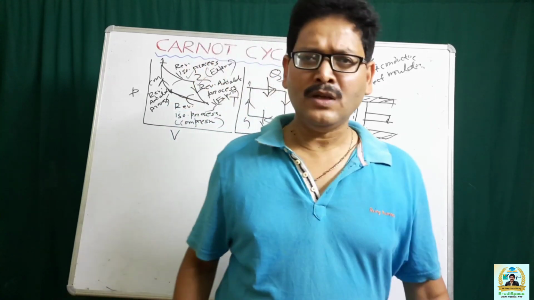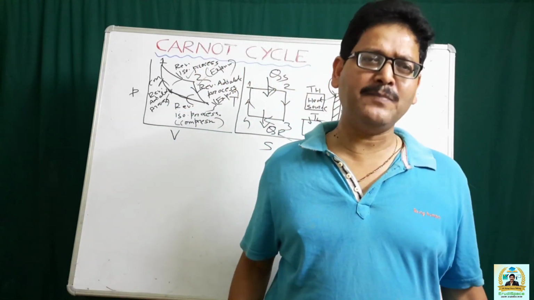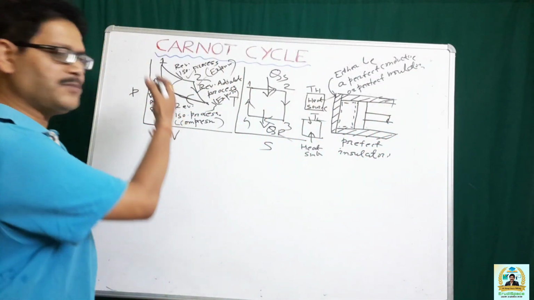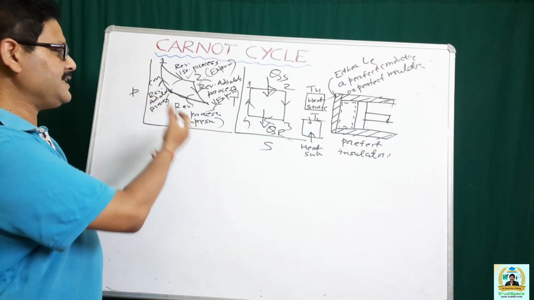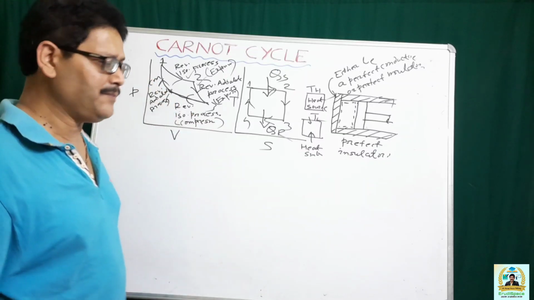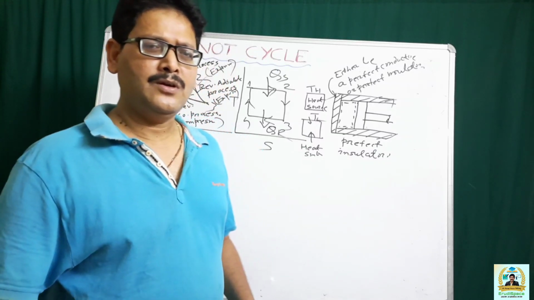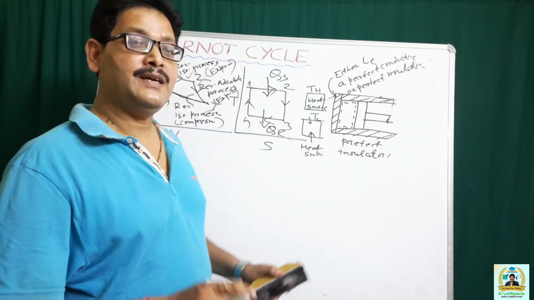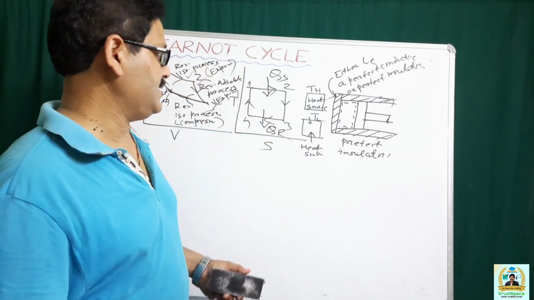Now, how the processes take place in the Carnot cycle, we'll discuss in detail. Already the processes are represented in both PV and TS diagrams, but how the processes are imagined to take place, that we'll analyze.